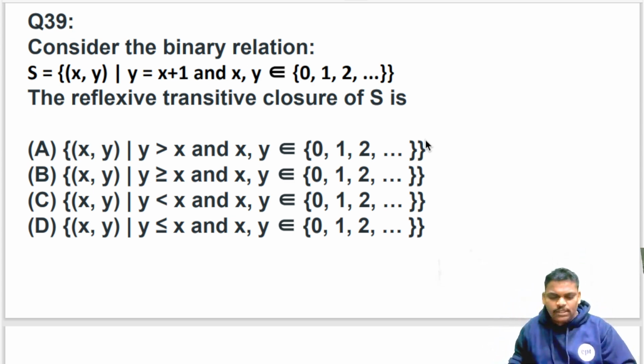The only confusion is A and B. But if you know this line, P implies Q means P only if Q, because of that line this also is gone. This problem is based on this information.